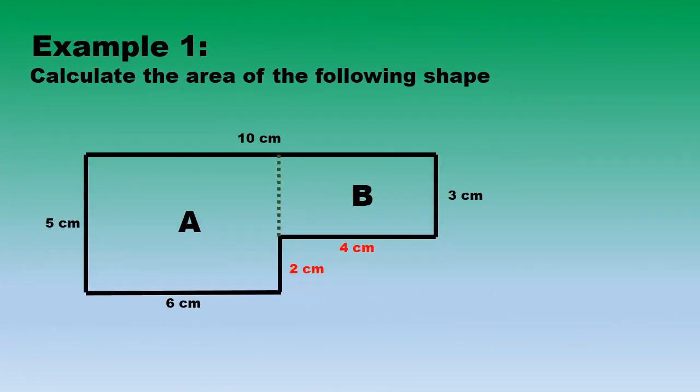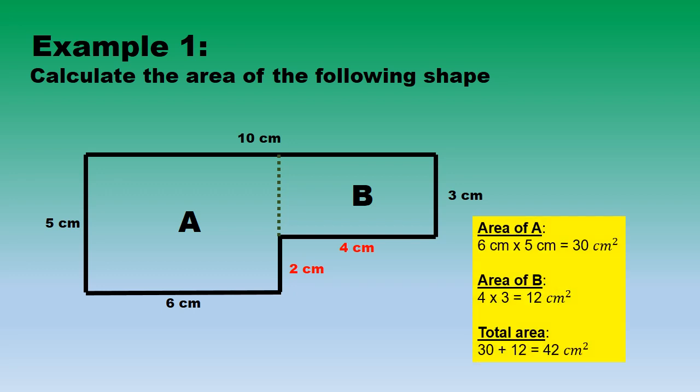You can break your shape apart by placing a vertical line down there, creating rectangle A and rectangle B. Work out separately the area for A, which I got as 30 centimeters squared, and B, I got 12 centimeters squared, length times breadth.